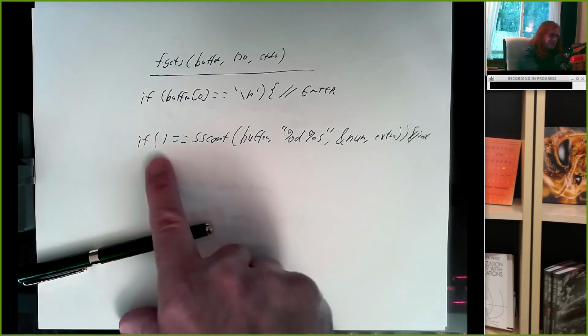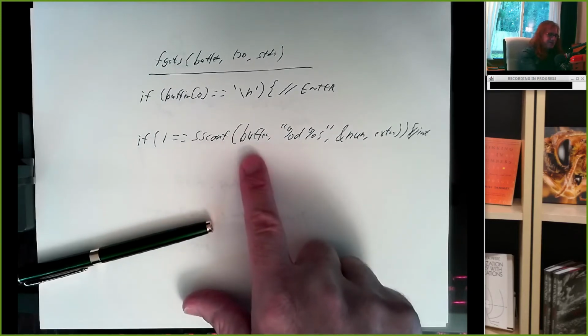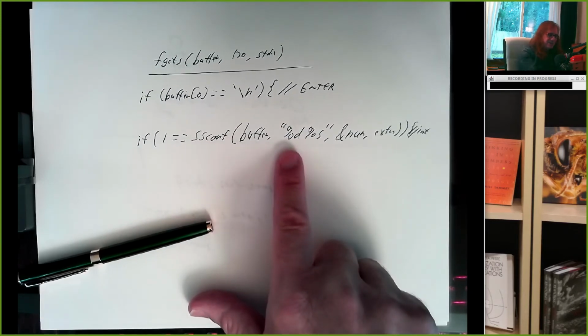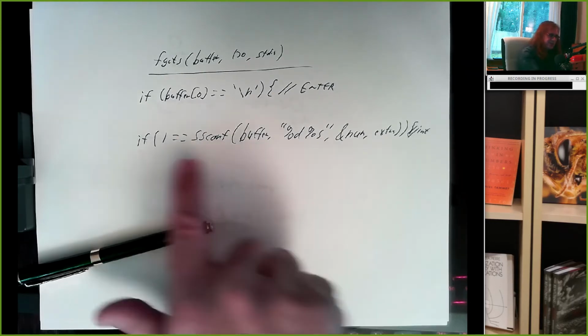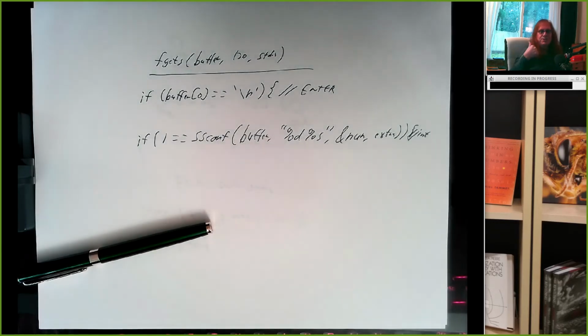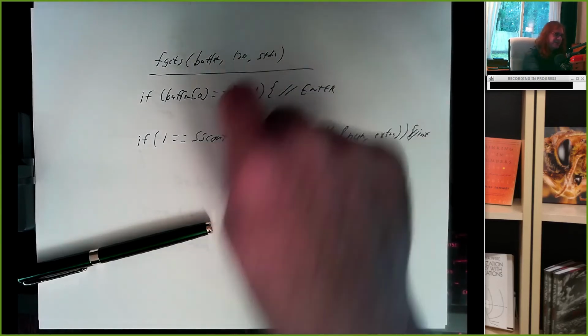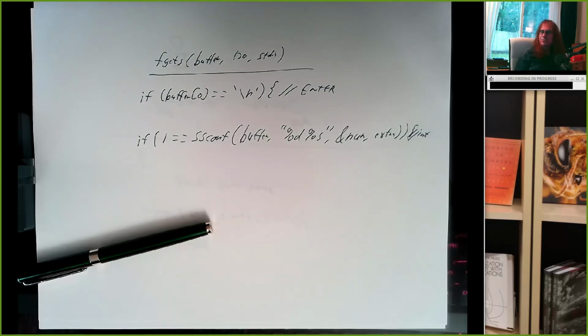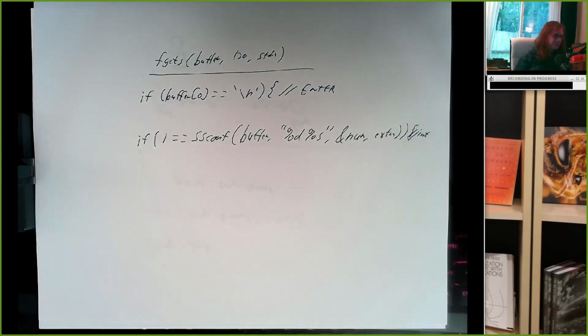And if scanf returns 1, it means that buffer matched the pattern of an integer with nothing else after it. That's a good integer input. So if this scanf returns 1, the person typed in an integer, check your mode and either call push or call add. And yeah, you can check for a \n, an enter, in a switch statement. That would work fine.